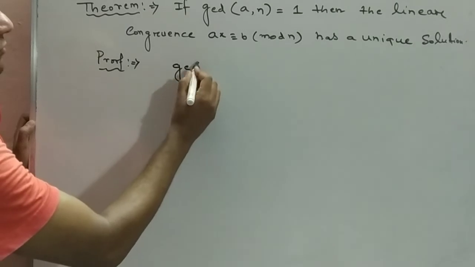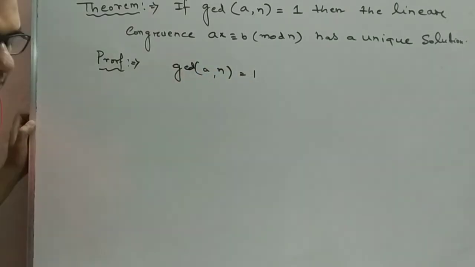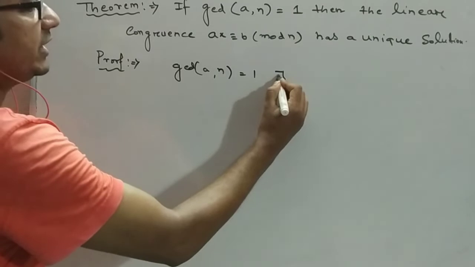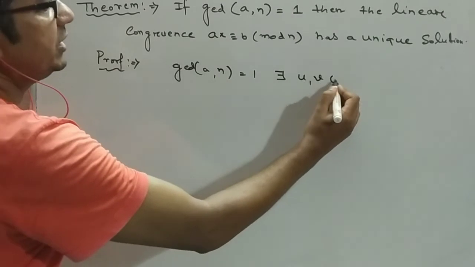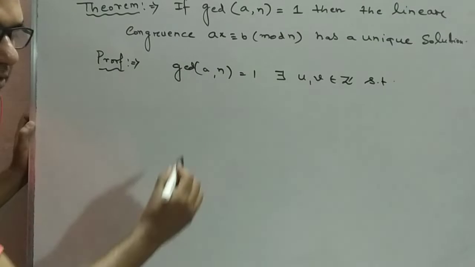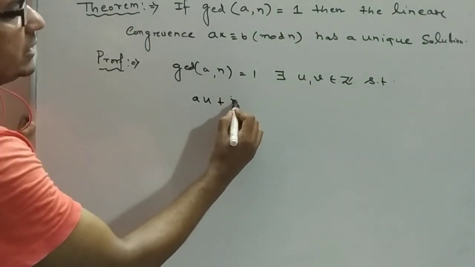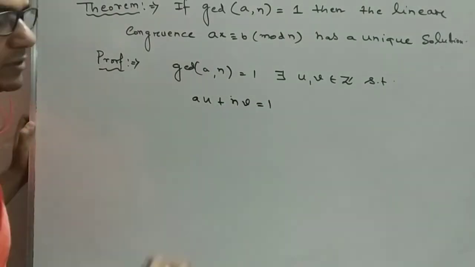Since GCD of A and n equals 1, there exist U, V belonging to Z such that AU plus nV equals 1, right?